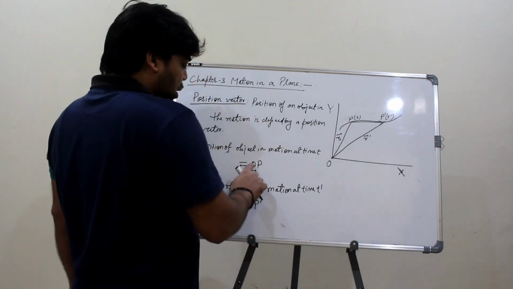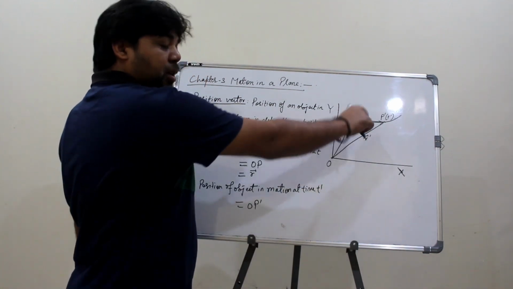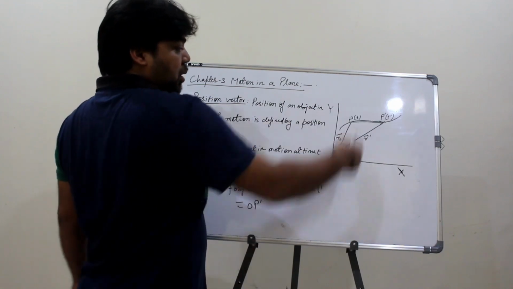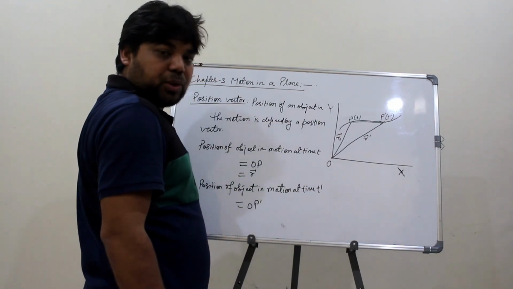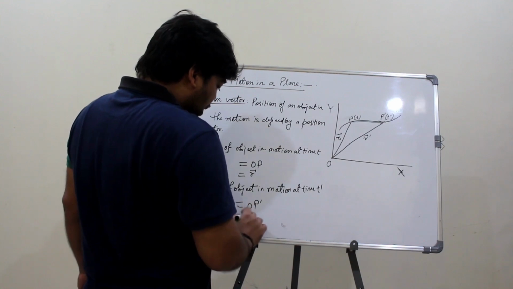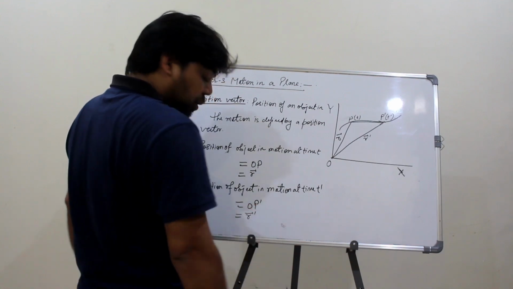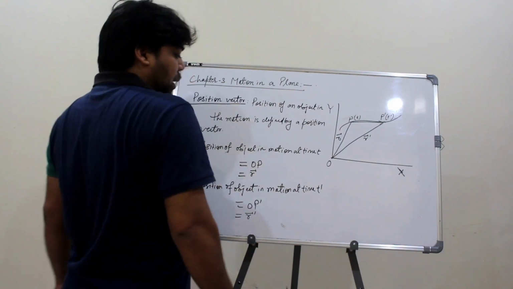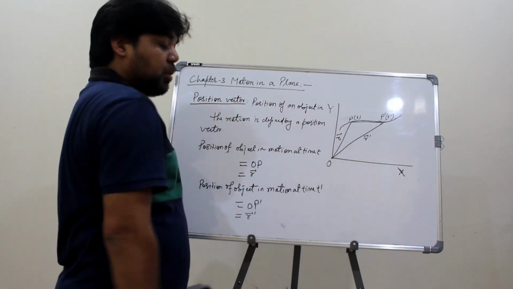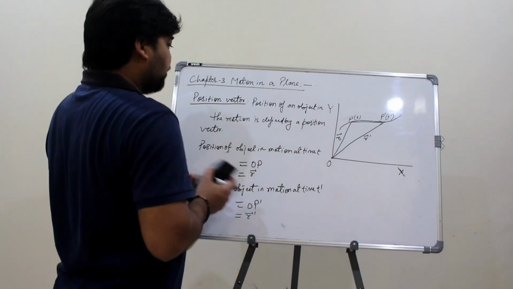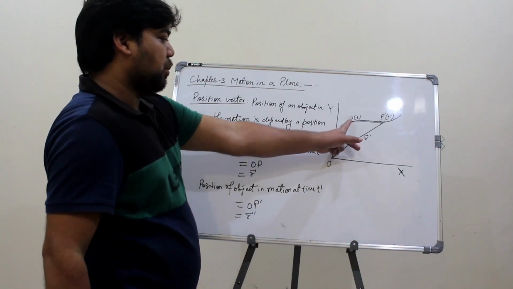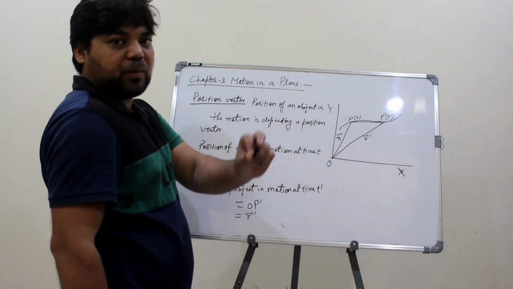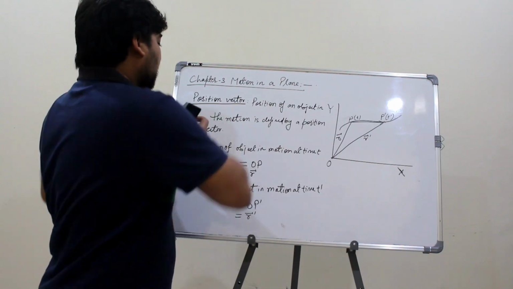You see, O is the reference point, and from there you are defining the position, which is nothing but r dash. It has magnitude and it has direction. So this is what we call the position vector. The position vector simply defines the position of an object at a given moment of time in motion, right?